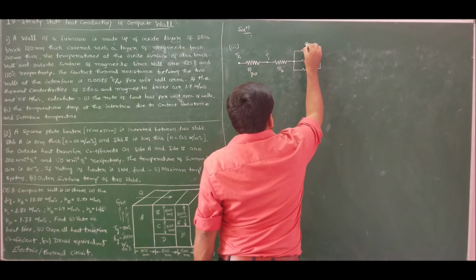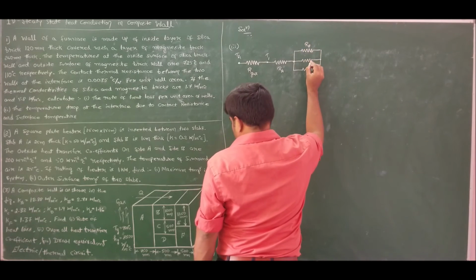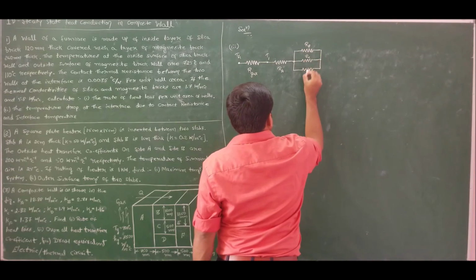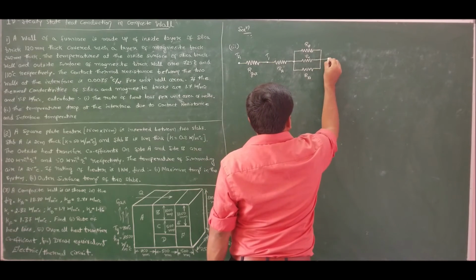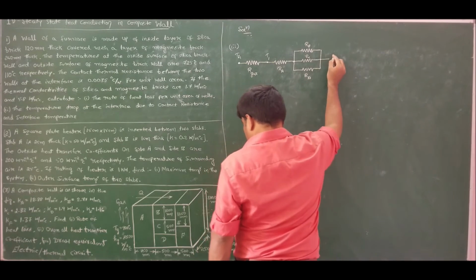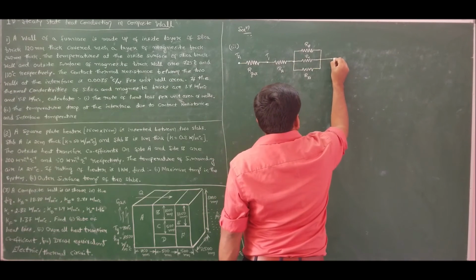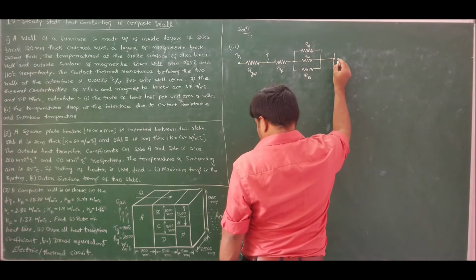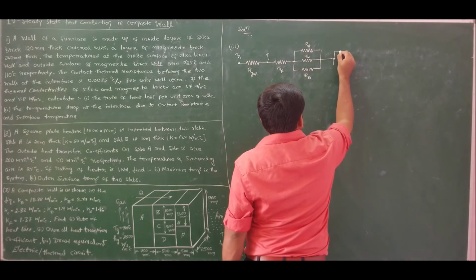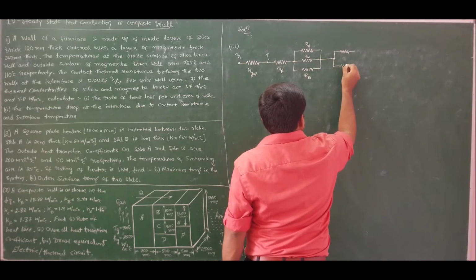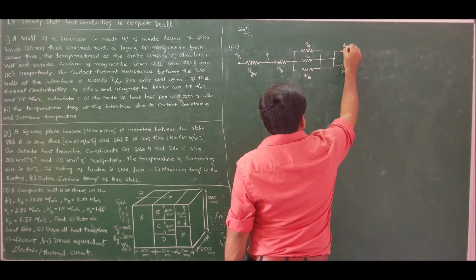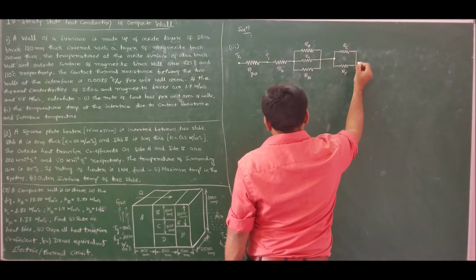So we have resistance of B, resistance of C, and resistance of D. And then we have again the series arrangement between E and F. We have resistance due to E and resistance due to F, that is RF and RE.